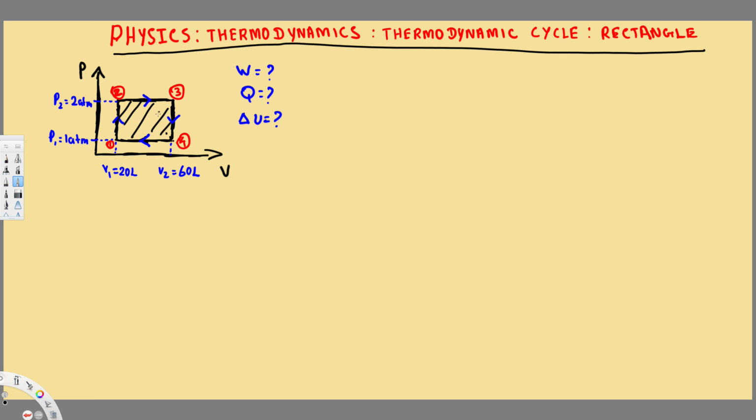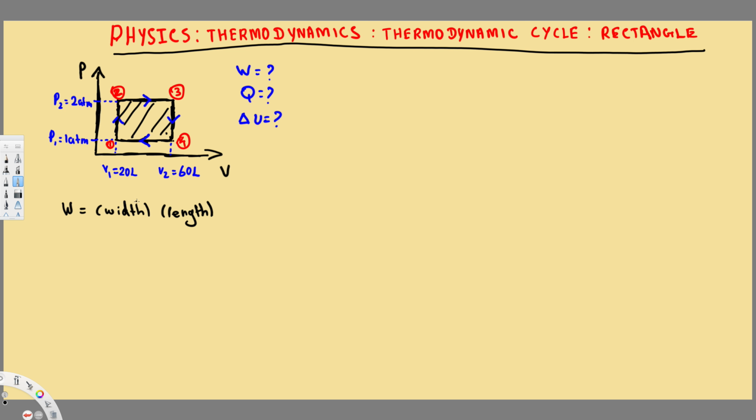So here if I calculate the area of this rectangle, that's going to give us the total work. We know that the area of a rectangle is going to be width times length.